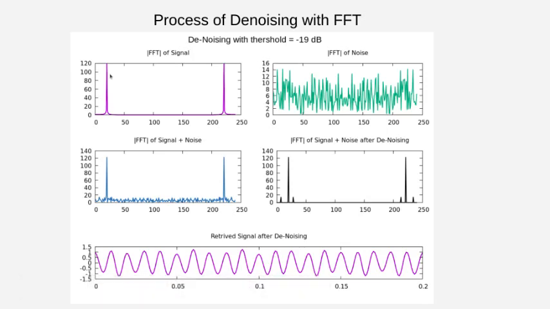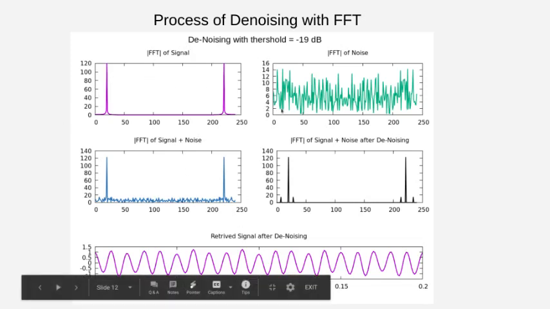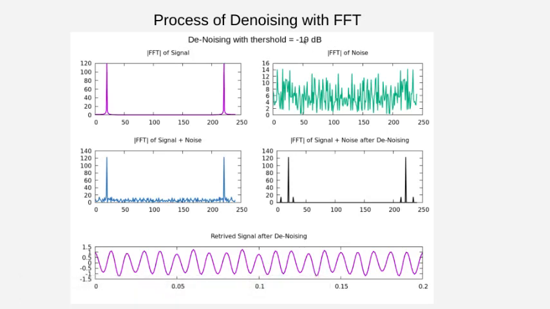Once again, I would like to explain what the threshold is. You will always get a corrupted signal, whose spectrum will always look like this. So in order to clean up the signal, what will you do? Below a certain dB, the threshold value, we remove the spectral components.